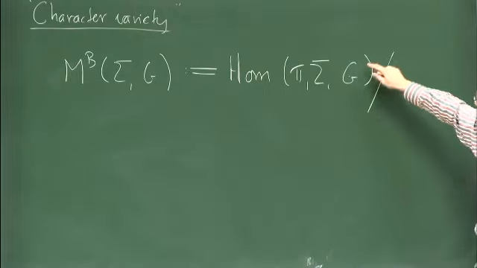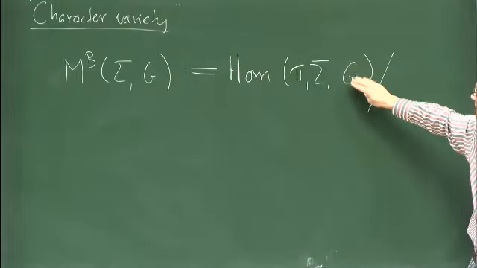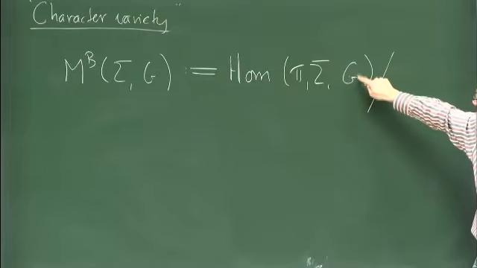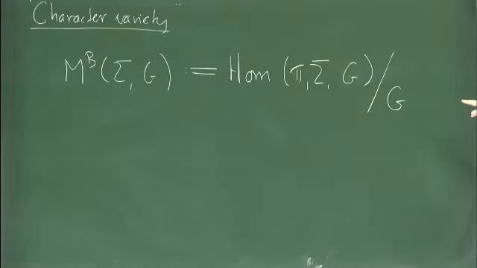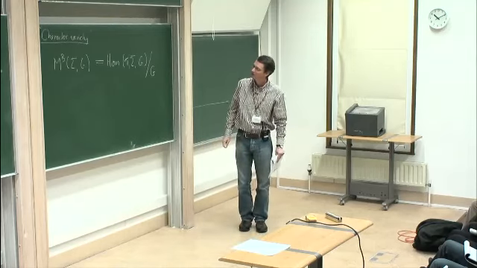So that just corresponds to acting by conjugation by the group G here. This is the overall conjugation action I'm dividing out by.